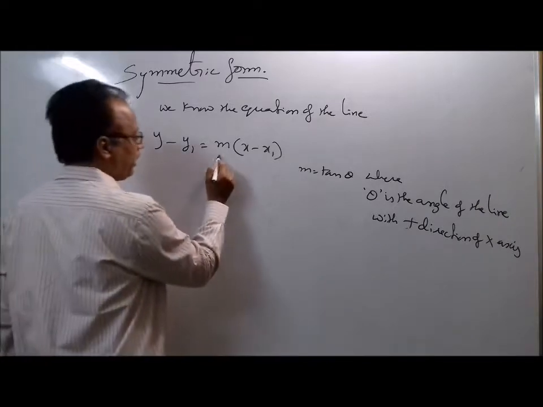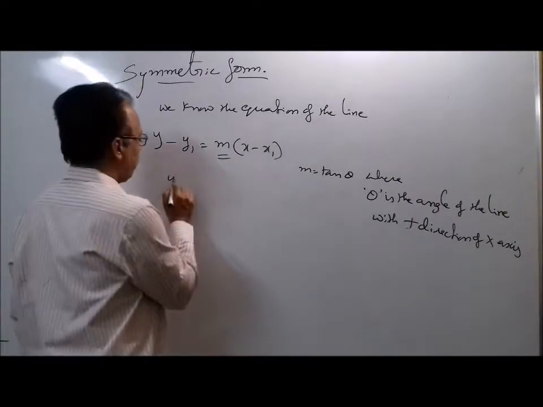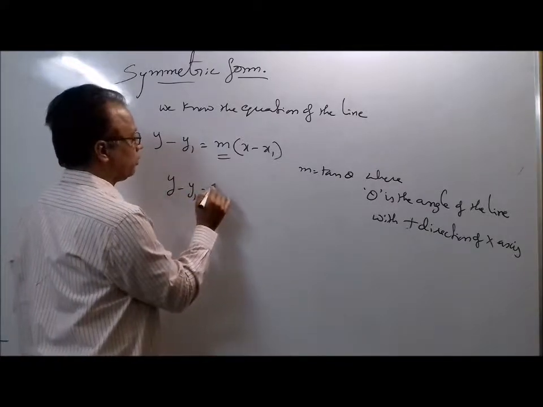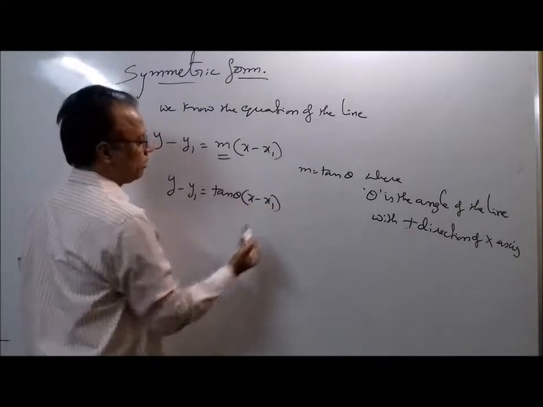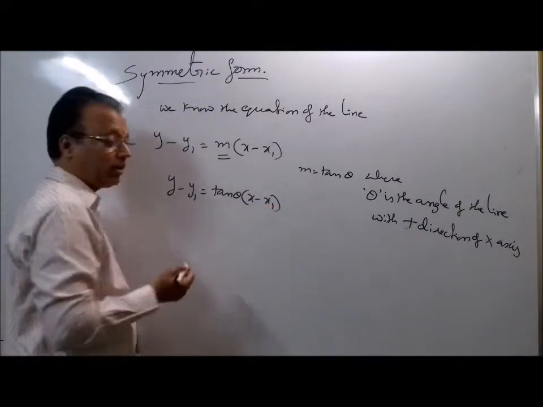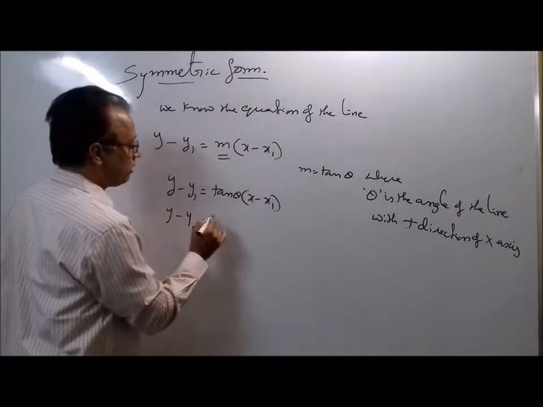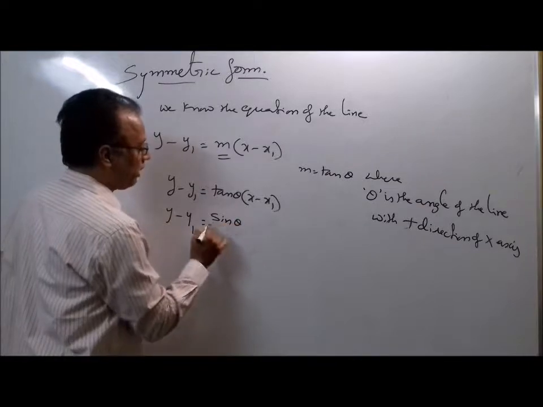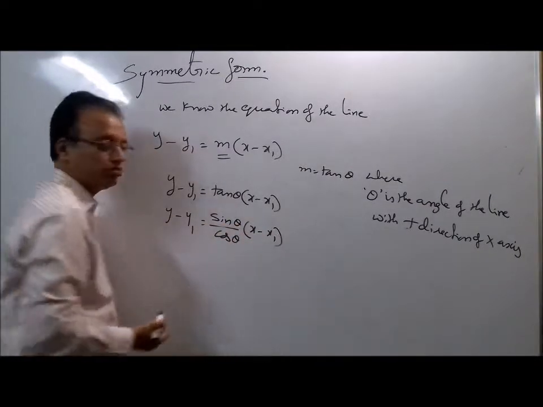So I can write this m as tan theta. Y minus y1 is equal to tan theta into x minus x1. What is tan theta? Sin theta by cos theta. So y minus y1 is equal to sin theta by cos theta into x minus x1.